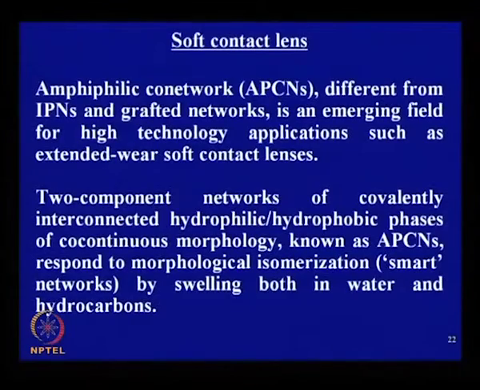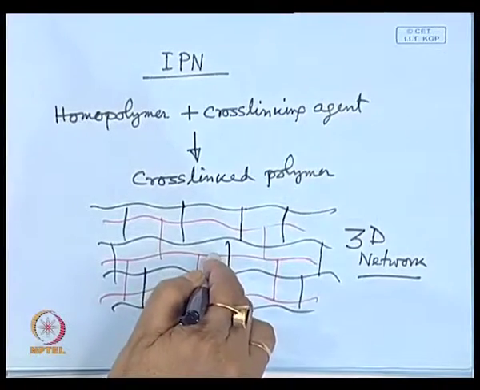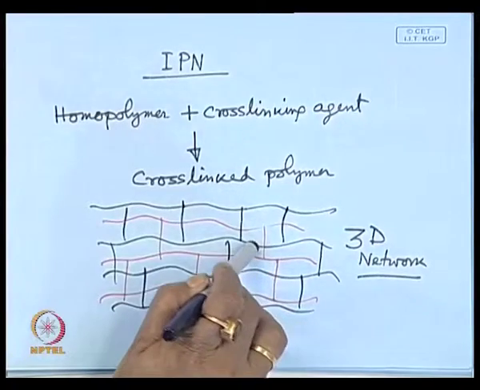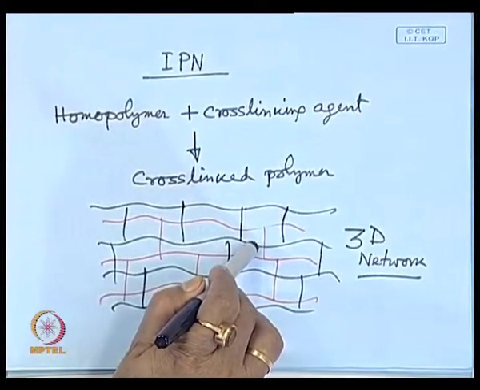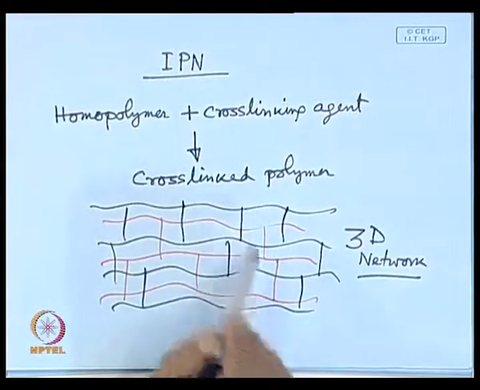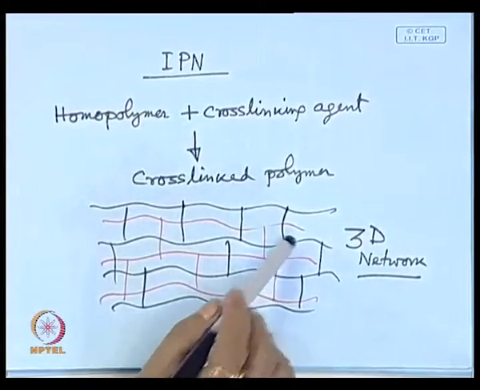So, IPNs and grafted networks are an emerging field for high technology applications such as extended wear soft contact lens. It is not always that you have to take this amphiphilic IPN. You can graft a short chain of hydrophobic polymer into the network of hydrophilic polymer.